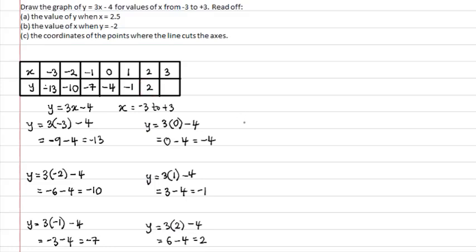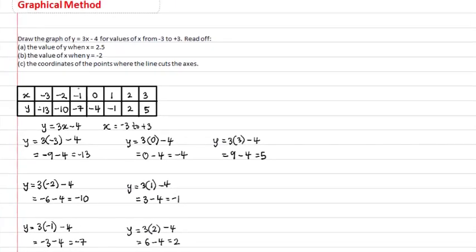Lastly, we have y equals 3 times 3 minus 4. So 3 times 3 is 9, minus 4 gives us 5. So we've completed this table now. Let's draw the graph of these values.